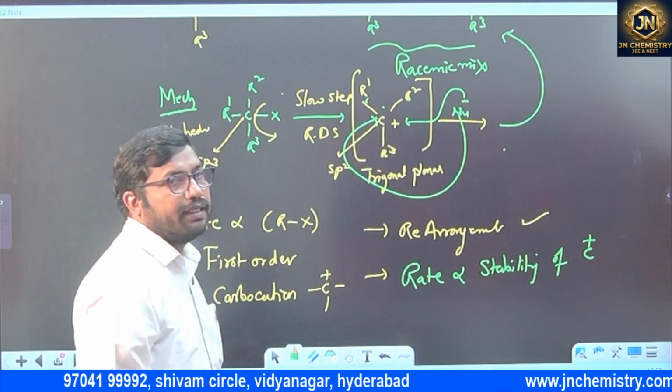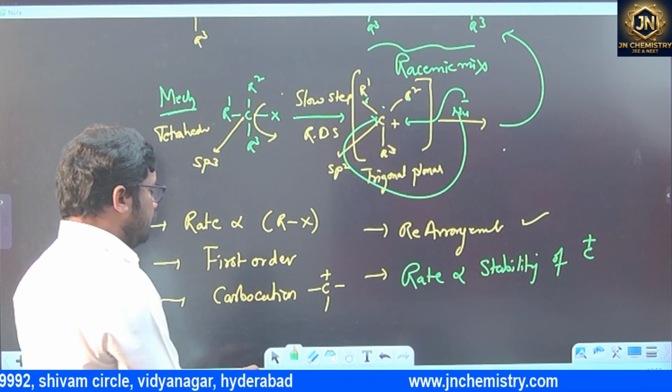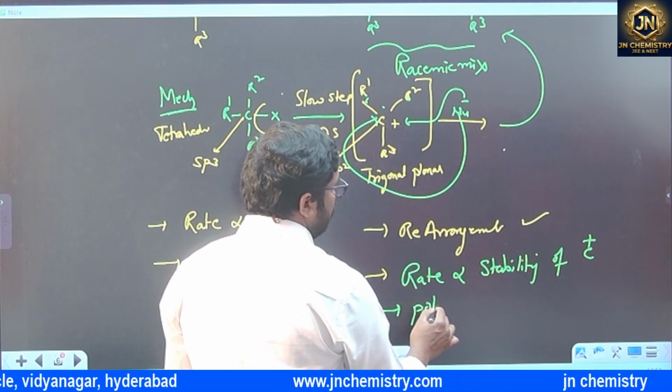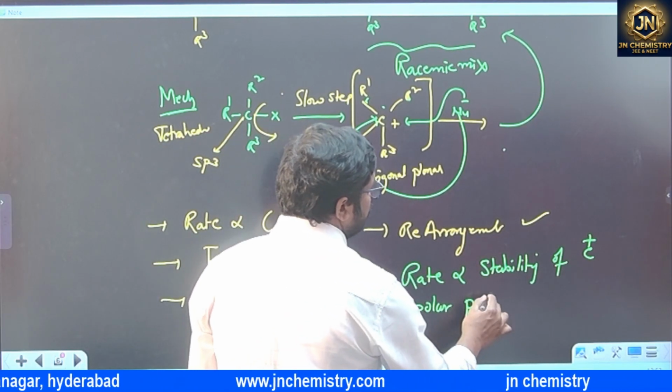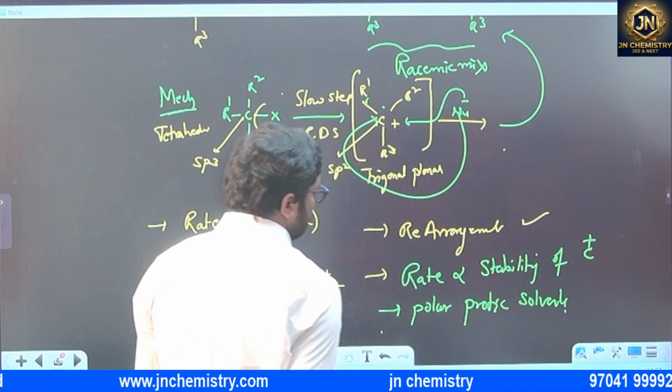If the carbocation is more stable, the reaction is faster. It is favorable in polar protic solvents like water.